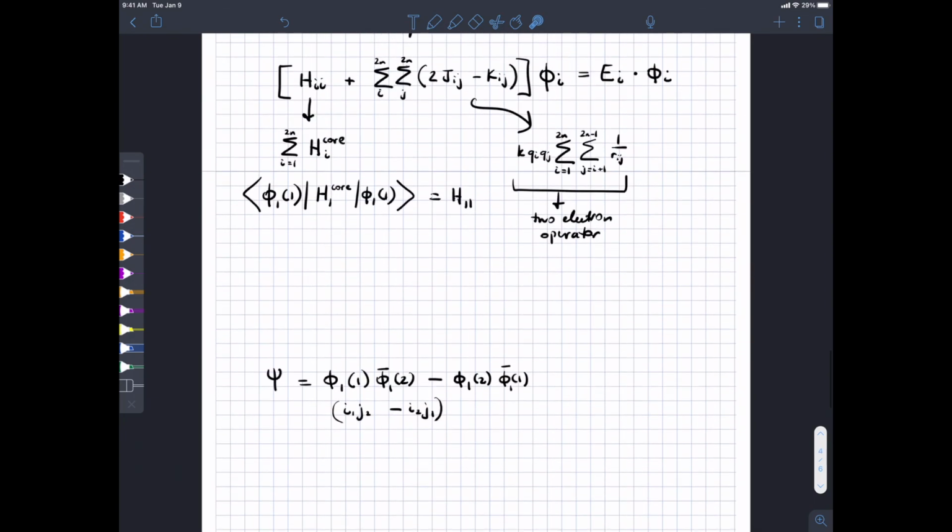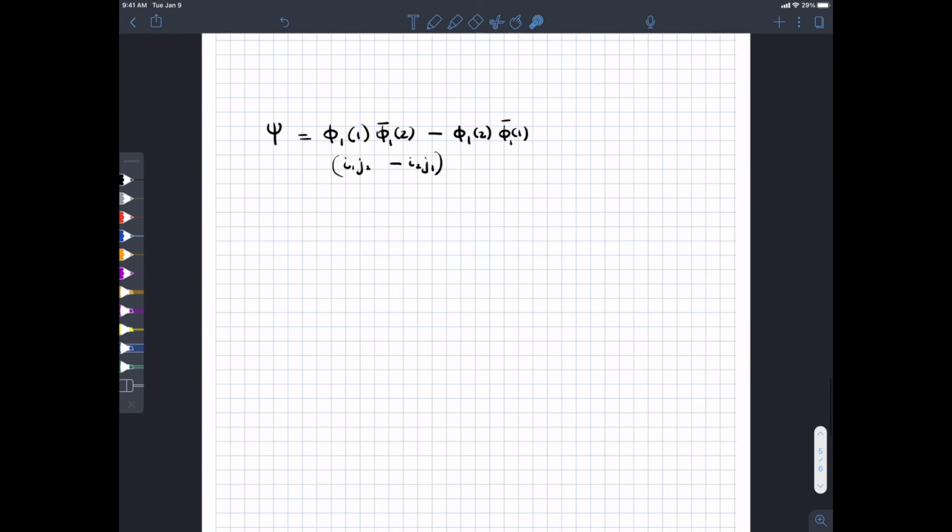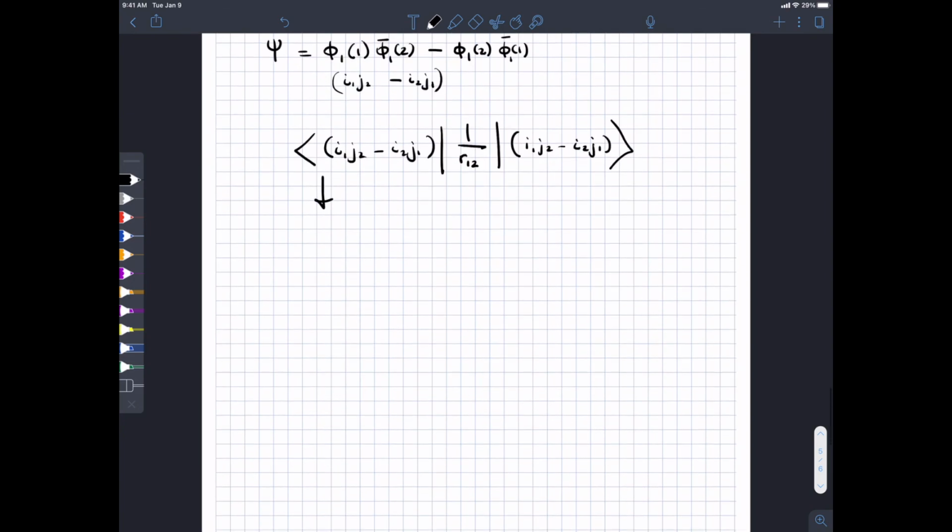So to keep things simple, we're going to let the constants be implied. We're going to just represent this operator as 1 over r, the distance between the 2 electrons. So in this case, that's electrons 1 and 2. So applying the operator r12 to this I1 J2 minus I2 J1, we can expand that out.